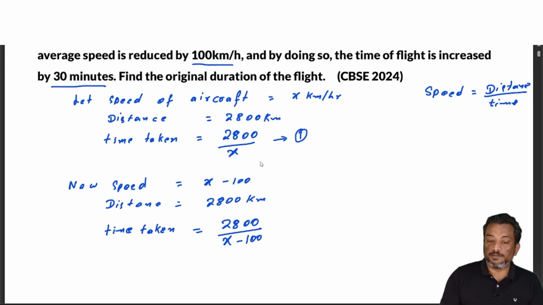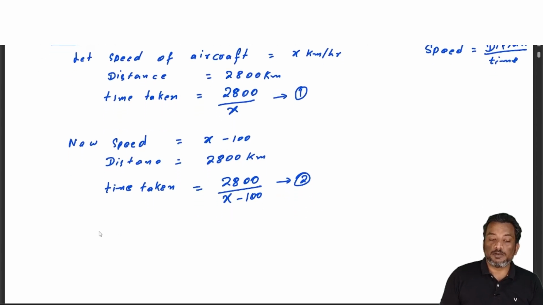Can we say this is T1 and this is T2? So we can say T2 minus T1 is equal to how much?